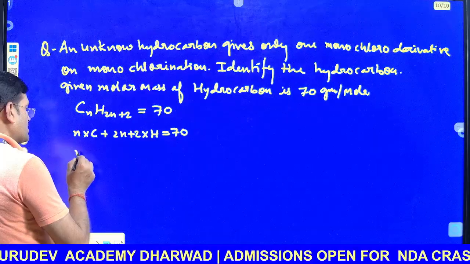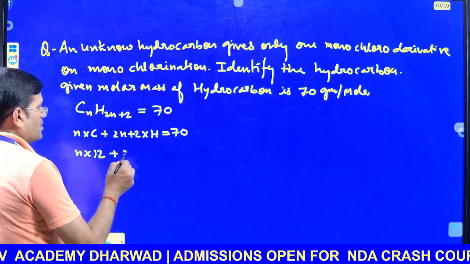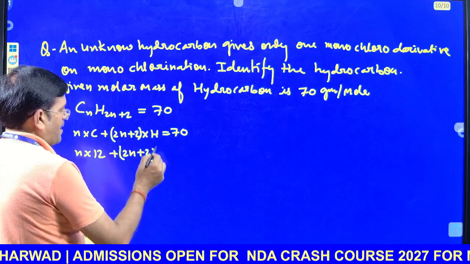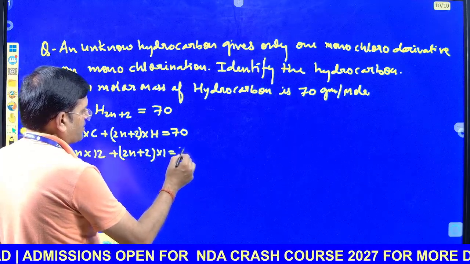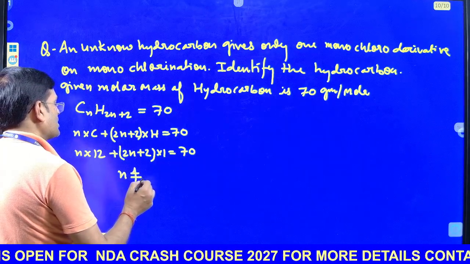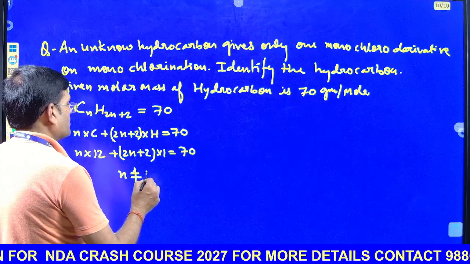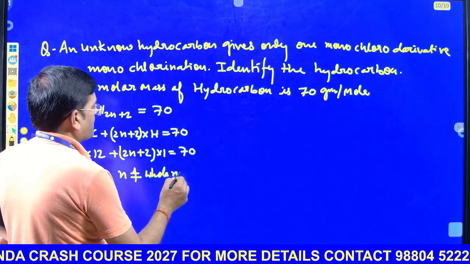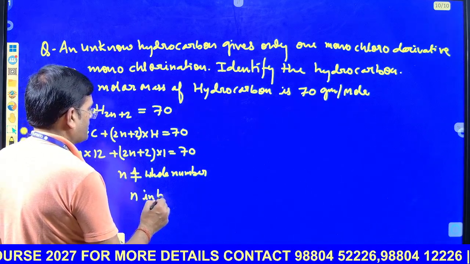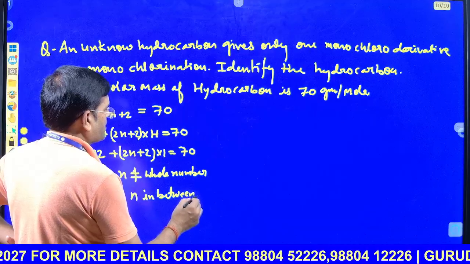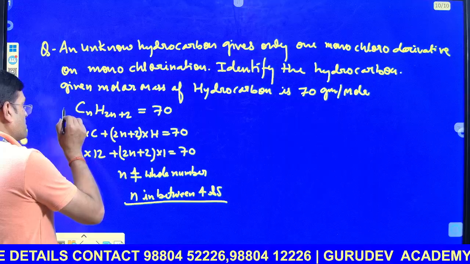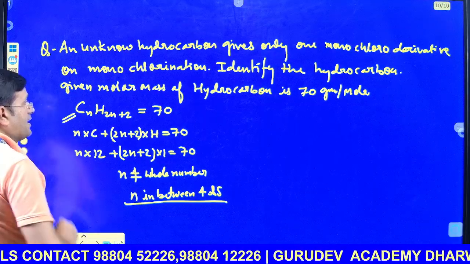Now what's the atomic mass of carbon? 12. 2n+2, mark bracket here. What's the atomic mass of hydrogen? 1. So by calculating, you will get n not equal to a whole number. n will come out to be between 4 and 5. So this information tells that it is not alkane.